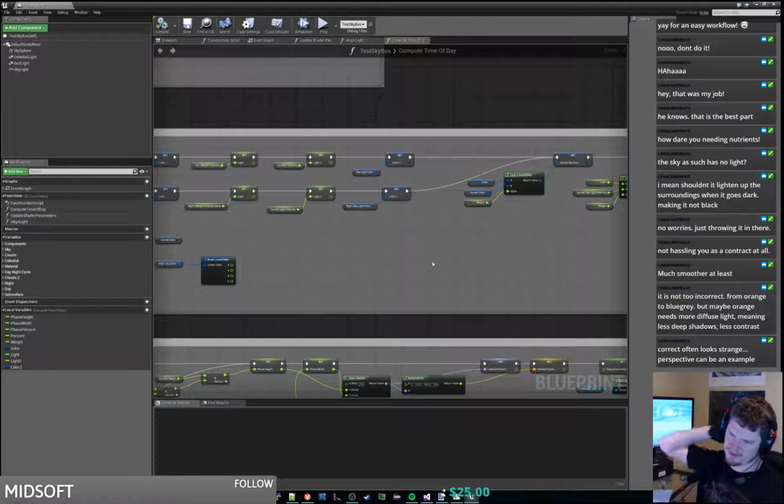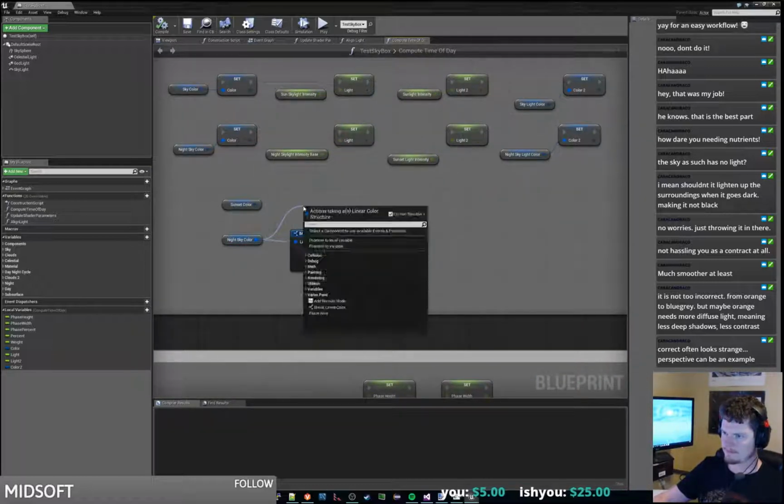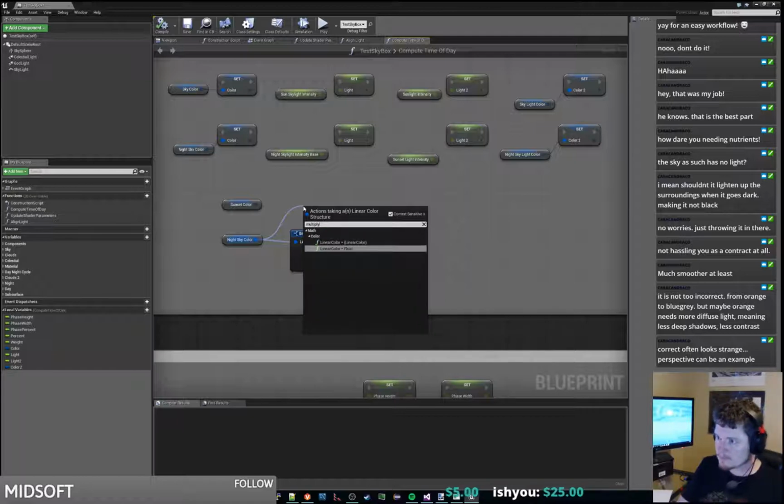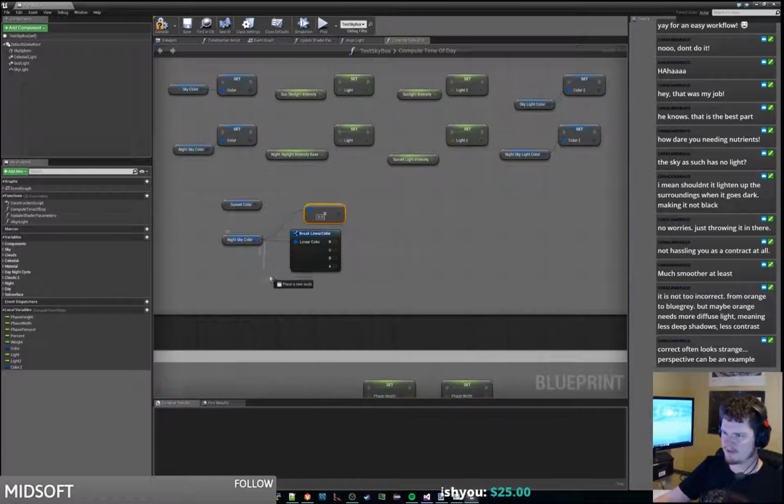So we're going to want to subtract the colors to get the difference, and we're like, alright, so we have that. Do we have like a magnitude?